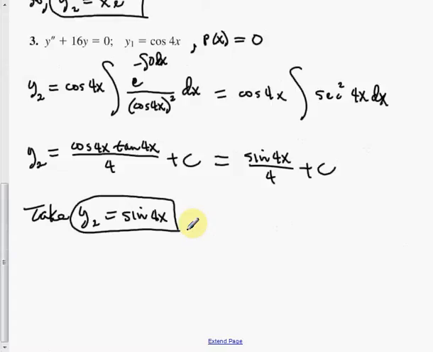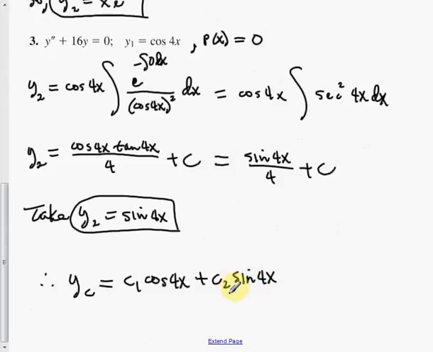But anyway, Christian, you need to understand, all this stuff, this sine 4x divided by 4 plus c, you don't need all that for the solution for y sub 2. The main contributor is that sine 4x. Let me show you. The actual solution is this: because it is a homogeneous differential equation, y sub c is equal to c sub 1 times cosine 4x plus c sub 2 times sine 4x.